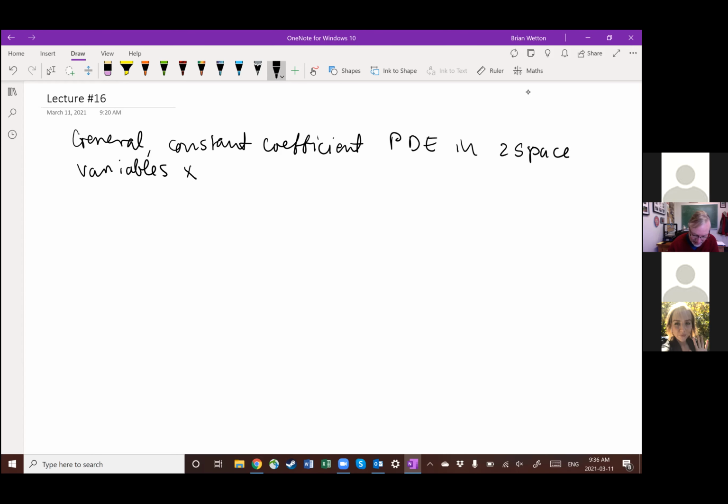So I'll have the vector x with two components. And if I'm going to talk about the general constant coefficient PDE, I should say second order. By second order, I mean it can have up to two partial derivatives.